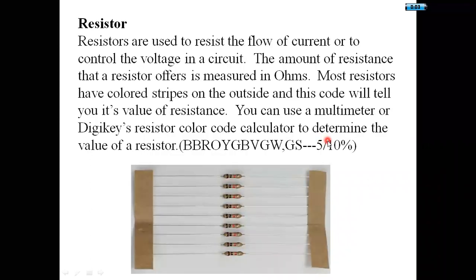These are the resistors. A resistor's basic function is to resist the flow of current, or to control the voltage in a circuit. These resistor values may be from ohms to kilo ohms, mega ohms, like that. These resistors have some small strips here. These strips can be identified by using color coding.